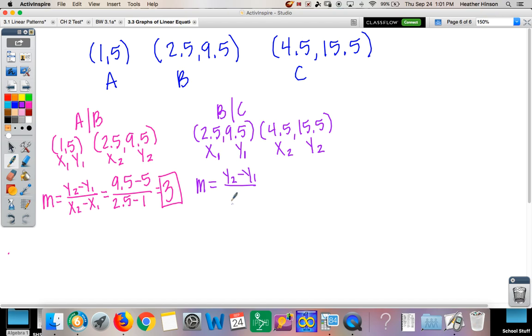Y2 minus Y1 over X2 minus X1. Y2 is 15.5 minus Y1 is 9.5 over X2 is 4.5 minus X1 is 2.5.